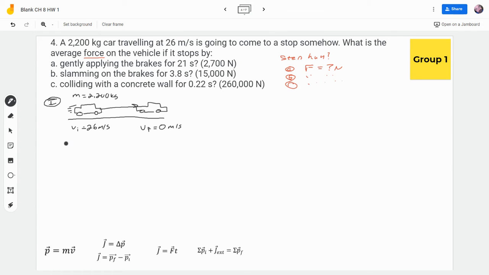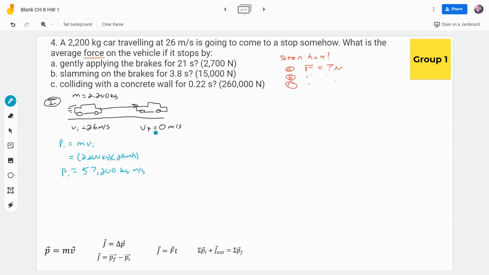So P initial is equal to M V initial, which is equal to 2,200 kilograms times 26 meters per second. 2,200 times 26 gives us 57,200. So this is P initial, and the units will be kilograms meters per second.